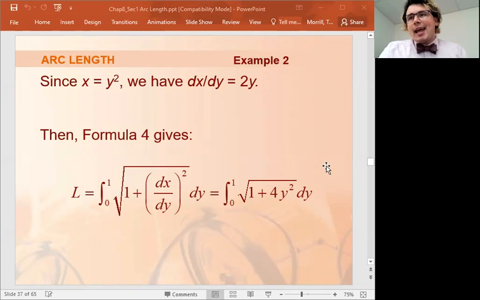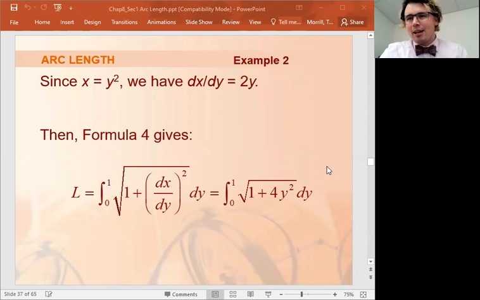What are the endpoints for my integral? Well, those are going to be y equals 0 and y equals 1. So this integral for the arc length will be the integral from y equals 0 up to y equals 1. My integrand is the square root of quantity 1 plus dx on dy squared, all dy.